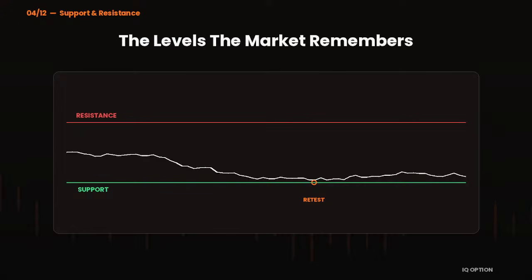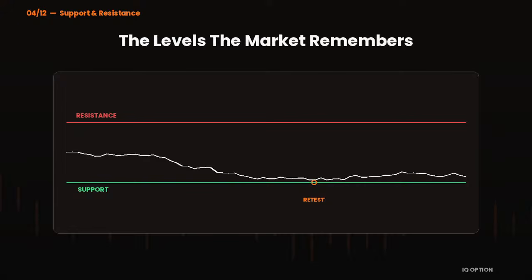Very often it flips and becomes support on the way back down, to retest that level. That is one of the most repeatable patterns in all of trading. So you have to keep your eyes open throughout your trading session.